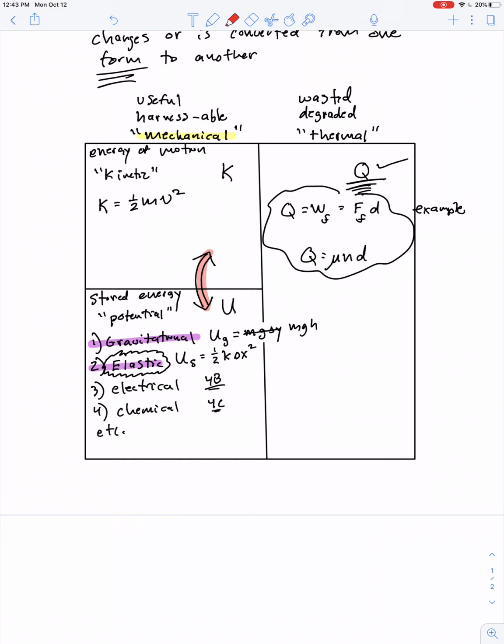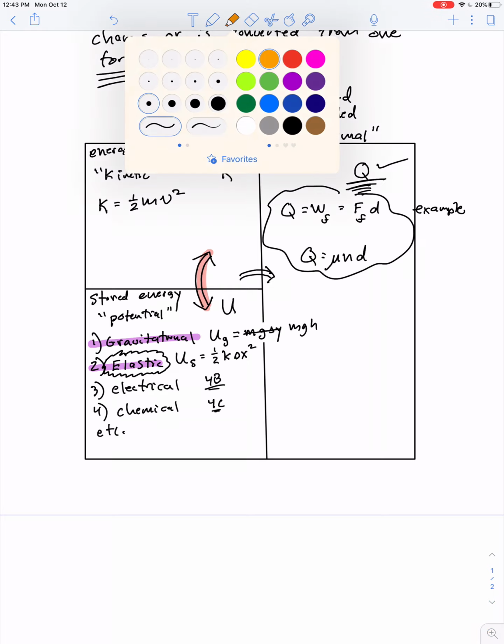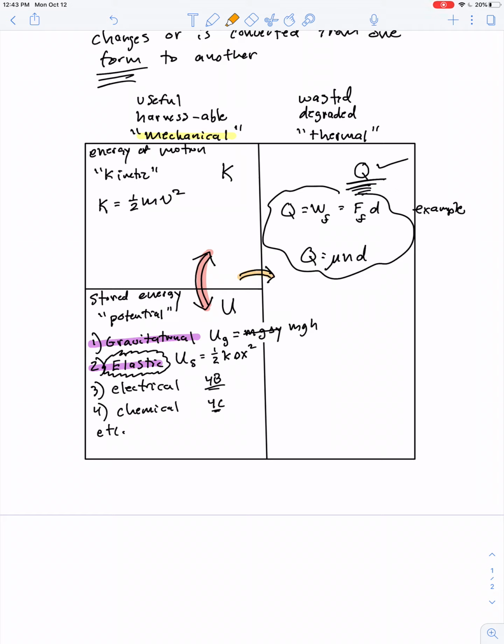The problem is if energy is converted this way: when mechanical energy appears as thermal energy, that's it. It doesn't come back again. In other words, if we suggest an arrow going this way, put a big cross through that, it doesn't happen. Thermal energy is wasted energy that can't be harnessed once again.